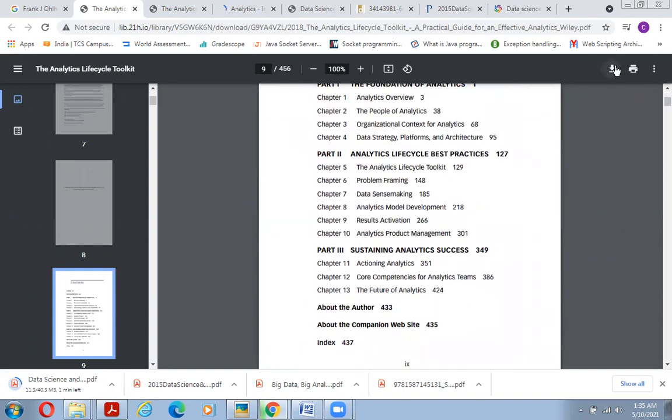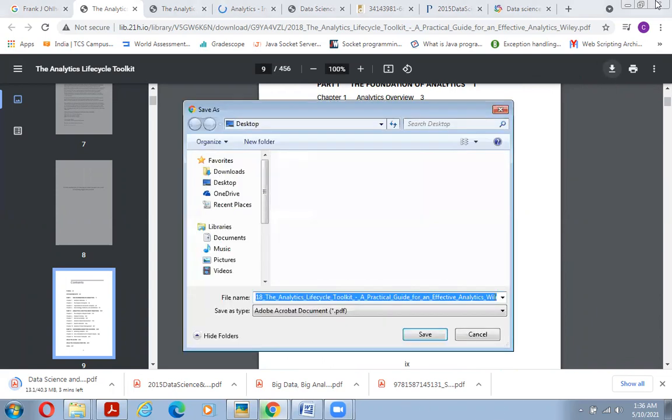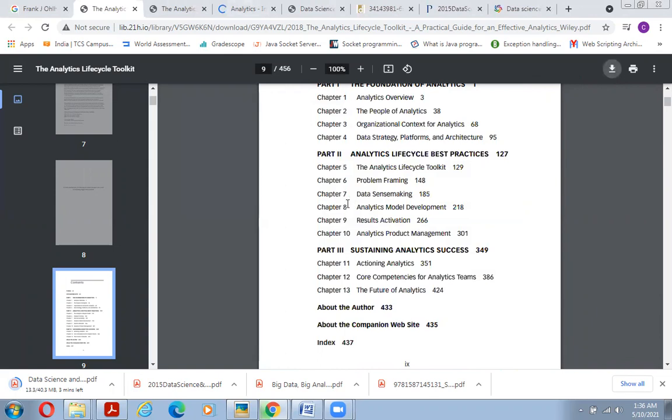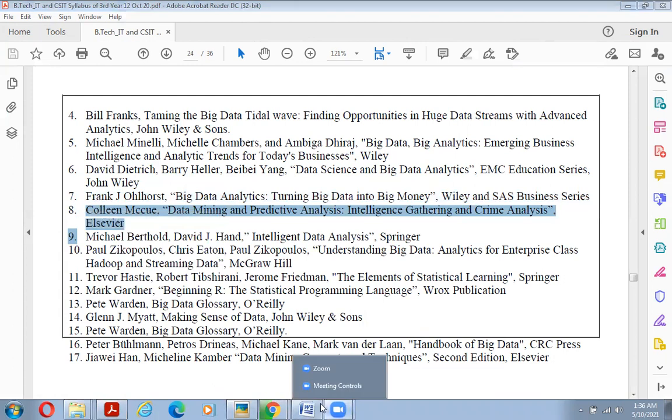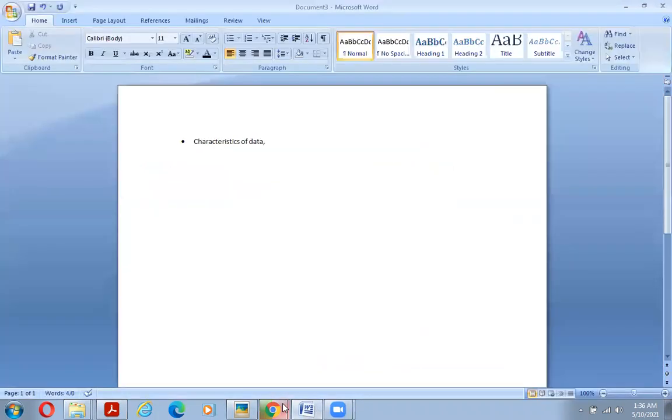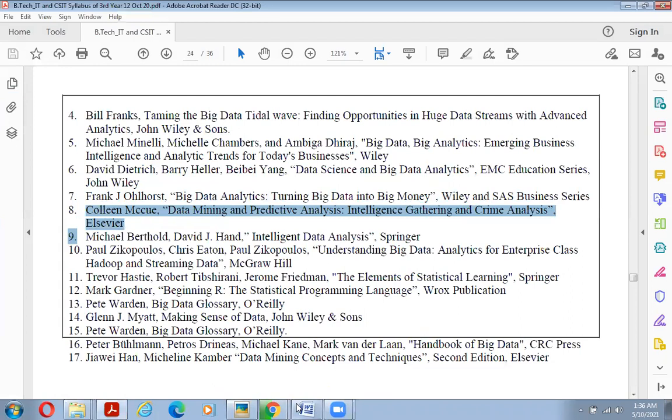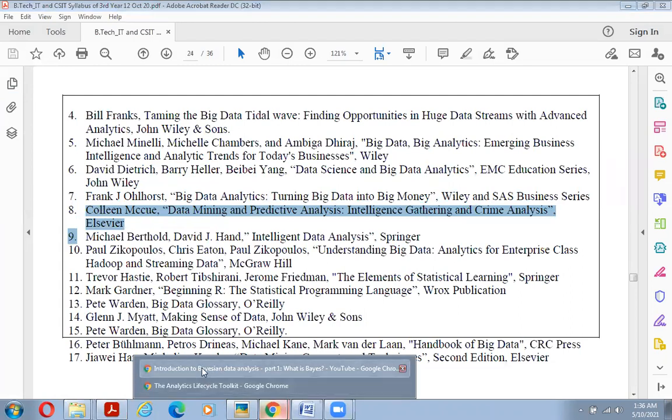We need to understand this by studying and by pushing ourselves. Let's go for some different book as well.